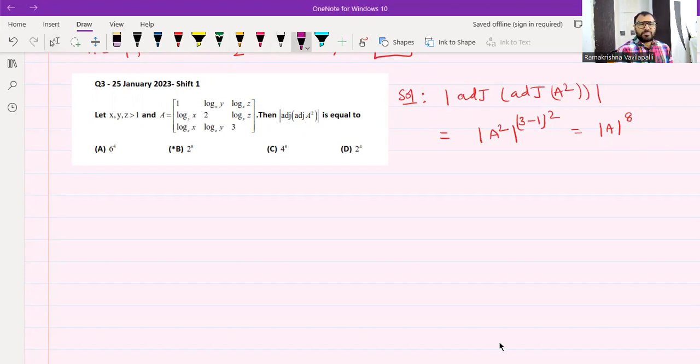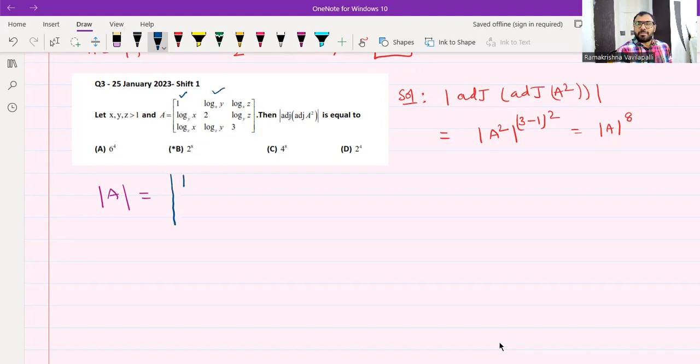A equals, or we want det A. So this is equal to the determinant of: the first one is 1.